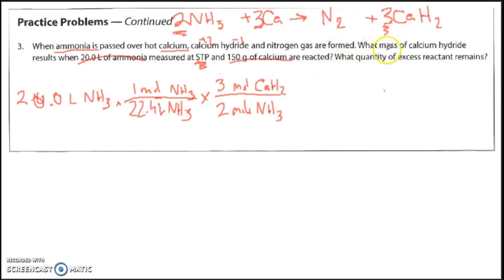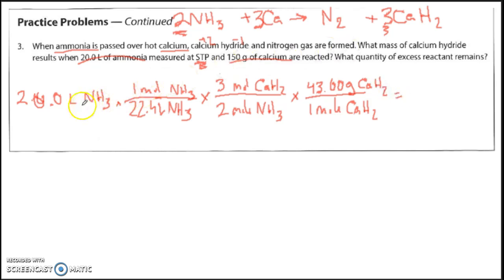Okay, and then it says what mass, so I have to take this one step further and take it to grams. It's a definition, 1 mole of calcium hydride, and I need the molar mass of calcium hydride. Calcium is 40.08. 2 hydrogens would be 2.02, so that would give me a lovely round number of 43.00 grams of calcium hydride.